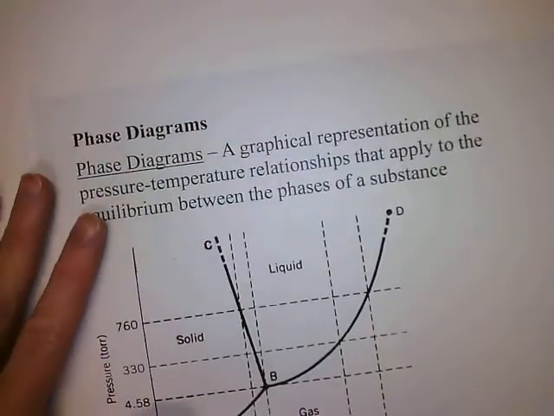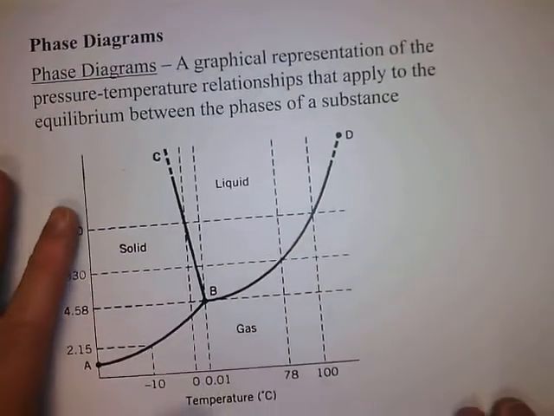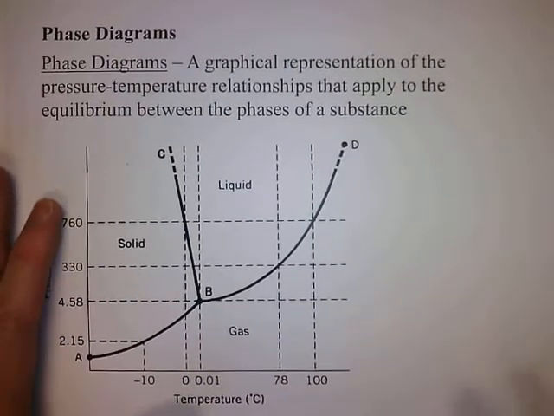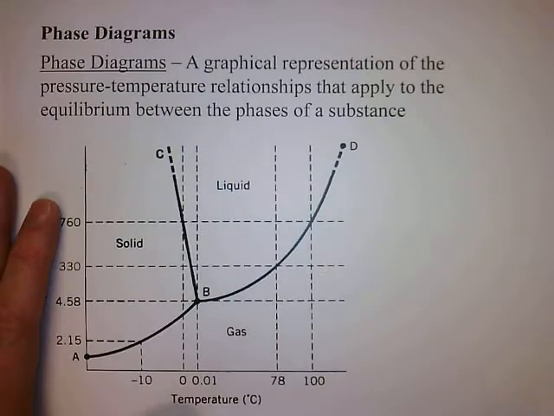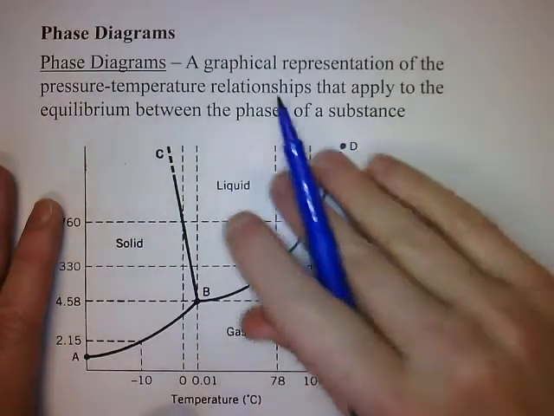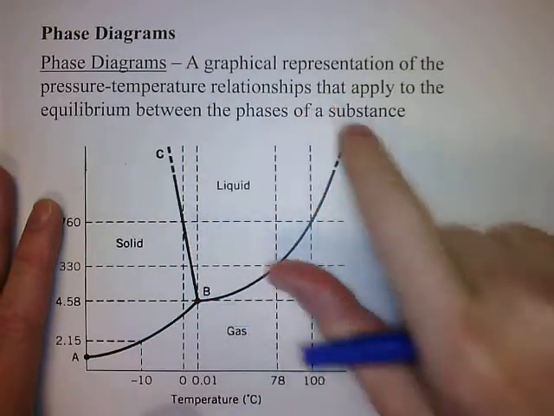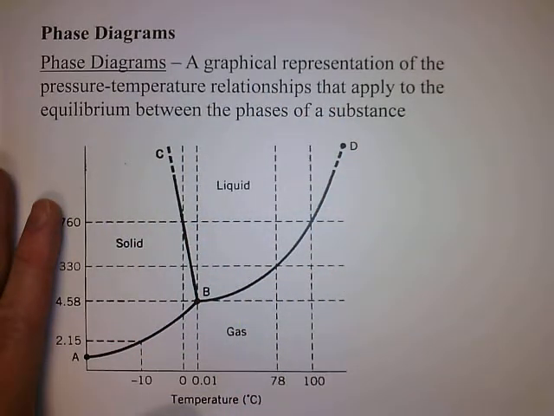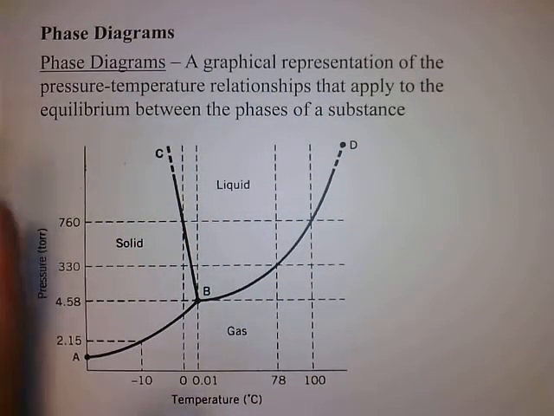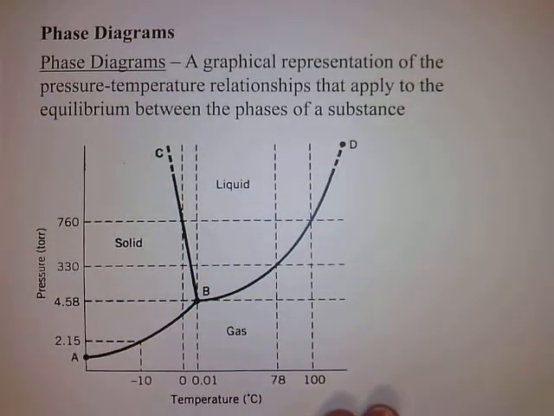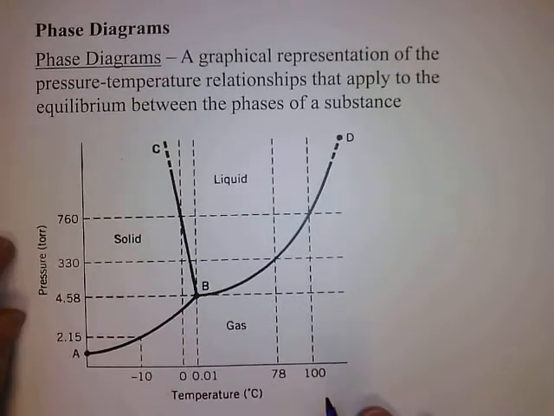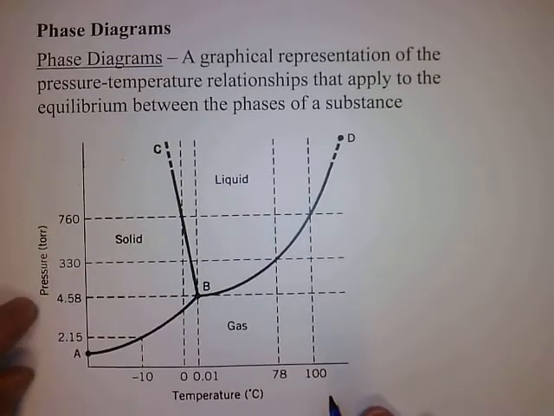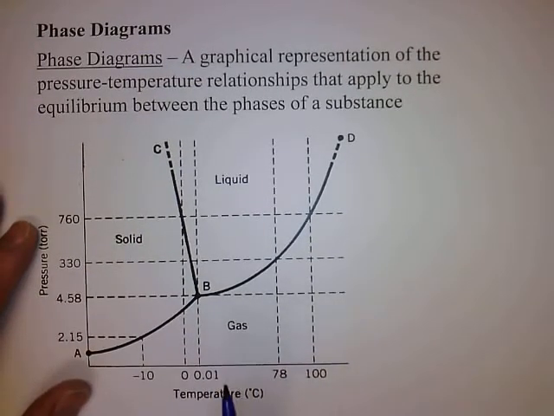All right, this leads us to phase diagrams. Okay, so a phase diagram is a graphical representation of the pressure temperature relationships that apply to the equilibrium between the phases of a substance. So this is a fancy way of saying that we have pressure on this side and we have temperature on this side.